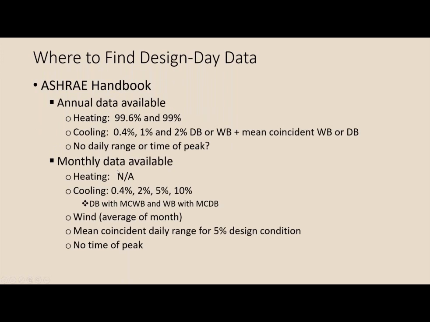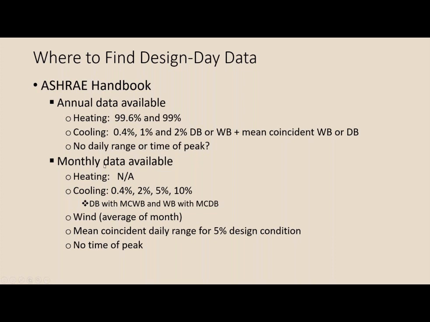If you look in the ASHRAE handbook, you can see some of those numbers show up. So you've got this heating 99.6, and then here's this cooling 1%. But these are annual design day values, and what I've been talking about is picking different values for different months.